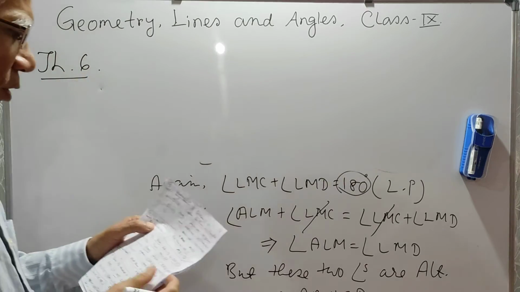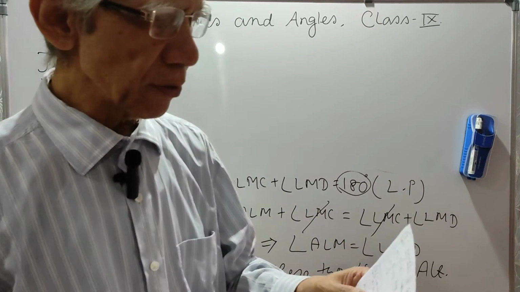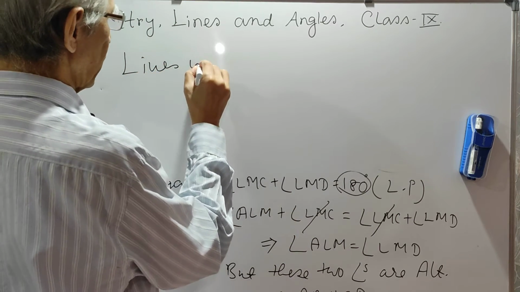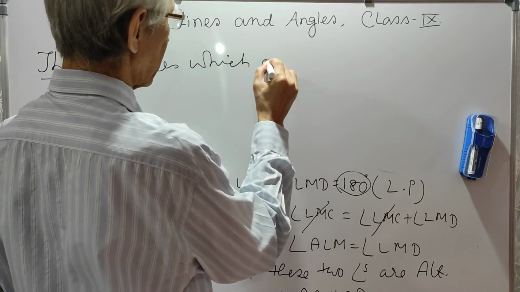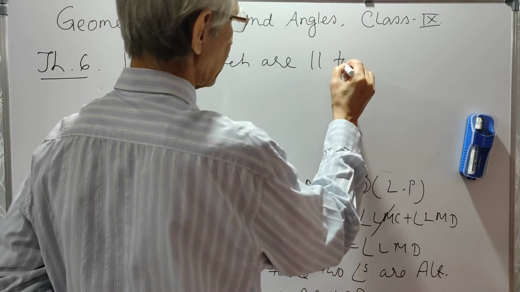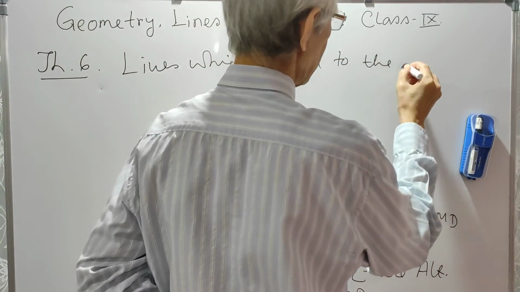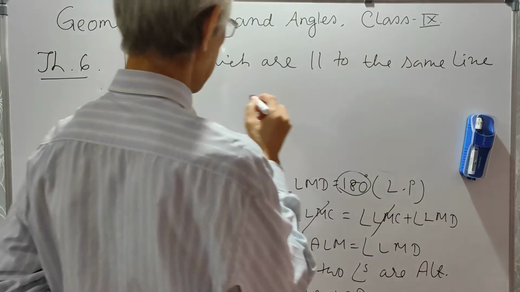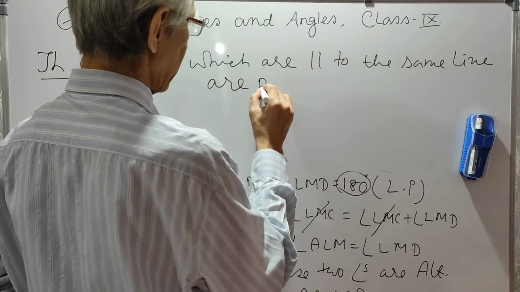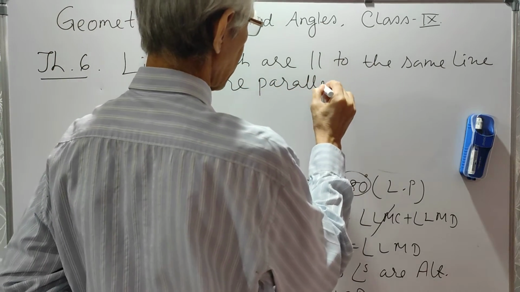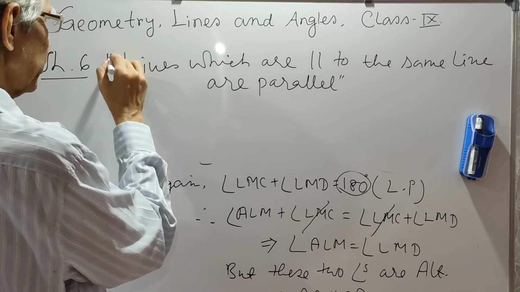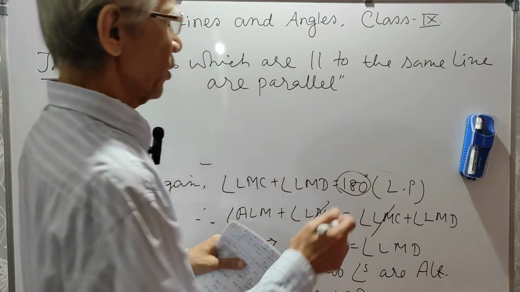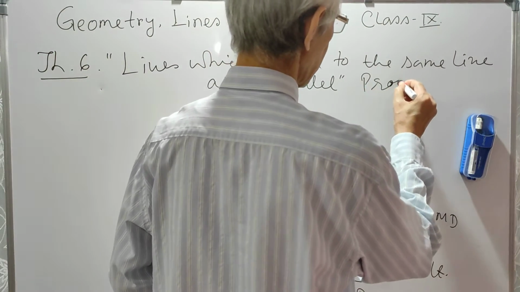Theorem 6 says lines which are parallel to the same line are parallel. So this is the statement of that theorem. Lines which are parallel to the same line are parallel. So this you have to prove.